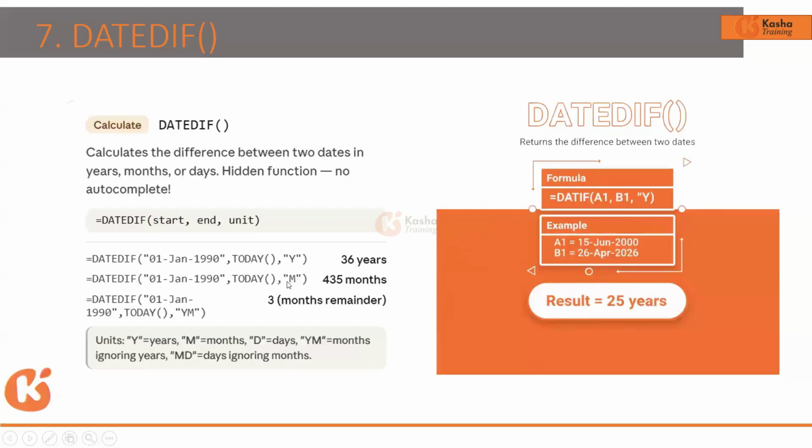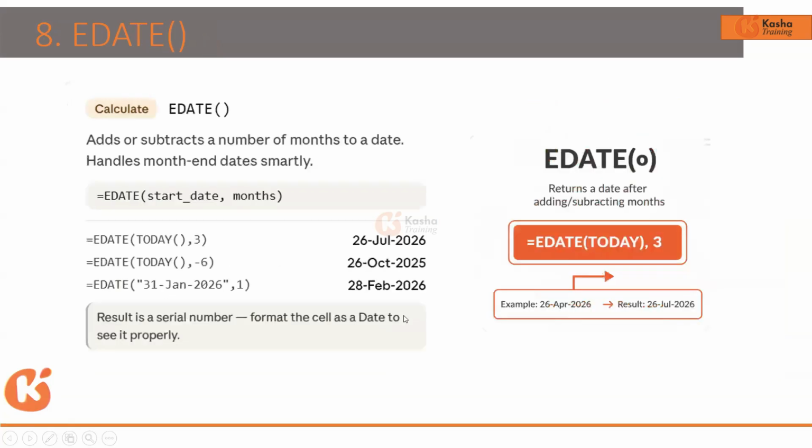And if you want the month, you can see how many months it has calculated. If you want year and month both, it calculates your year and month both, right? YM basically gives you the month, ignoring the year.